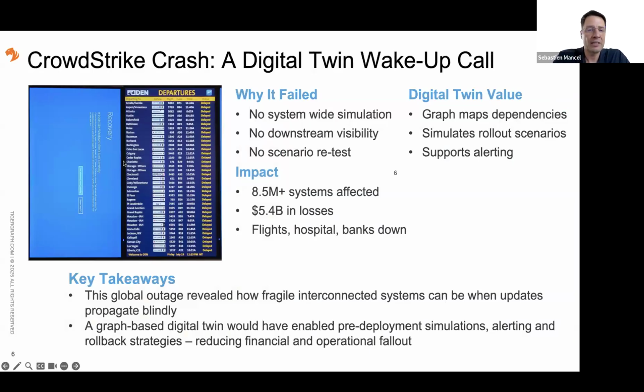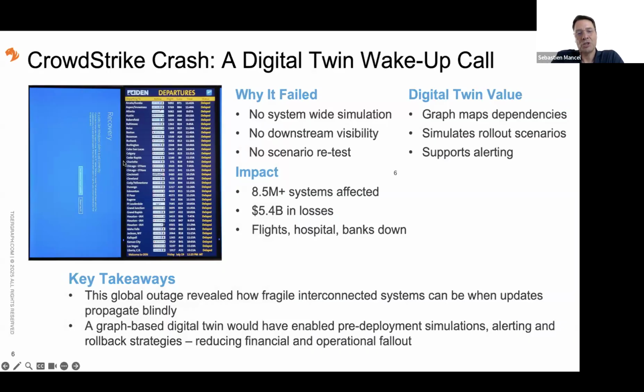So let's take a very recent example, the CrowdStrike global outage. About a year ago, CrowdStrike released a faulty update that triggered a massive global IT disruption. The update propagated rapidly across systems worldwide, causing servers to crash and bringing down countless organizations.